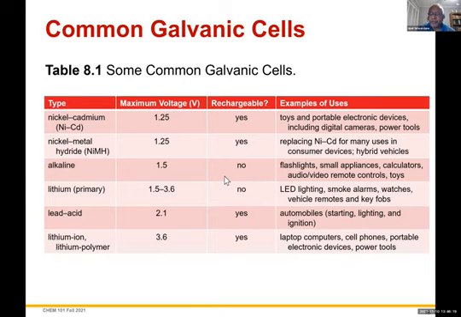They are mostly used in computers, cell phones, portable electronic devices, and power tools. If you have a power tool, there's a rechargeable battery that is lithium ion. Lithium ion is the most common rechargeable battery, used in Tesla models, and it's very popular now.